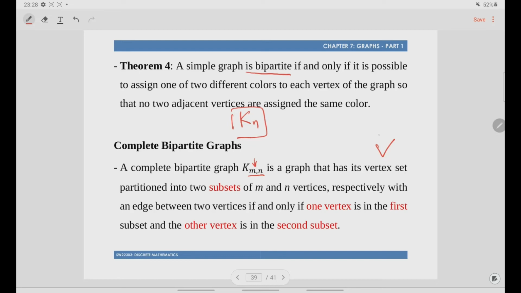The original vertex set is divided into two different sets, V1 and V2, where the subset V1 contains m vertices, so the cardinality is equal to m, and the subset V2 contains n vertices, so the cardinality is equal to n, respectively, with an edge between two vertices if and only if one vertex is in the first subset and the other vertex is in the second subset.